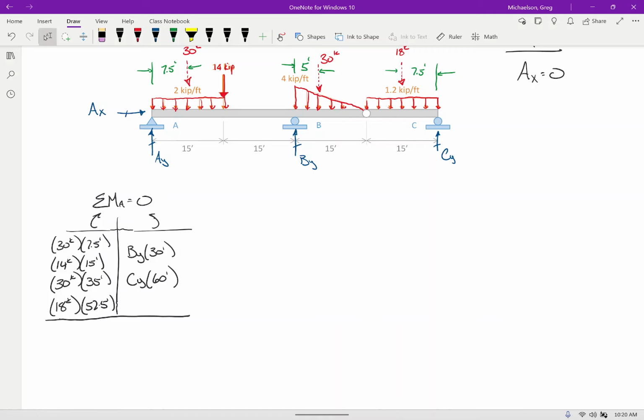So, okay. All right, somebody help me with this. What am I going to get in this column? We're going to get that times that, plus that times that, plus that times that, plus that times that. What is that? I know it's Friday. I know we got a 3-day weekend coming up, but I'm going to make you work. What was that last number beside of 18? 52.5.